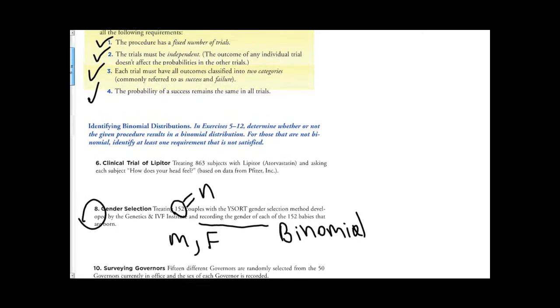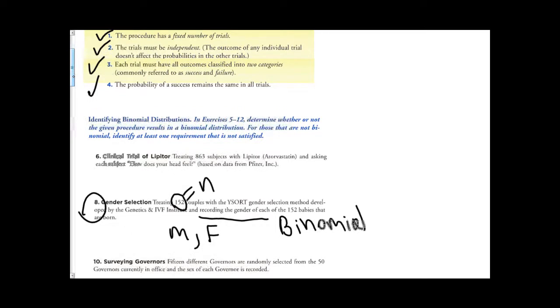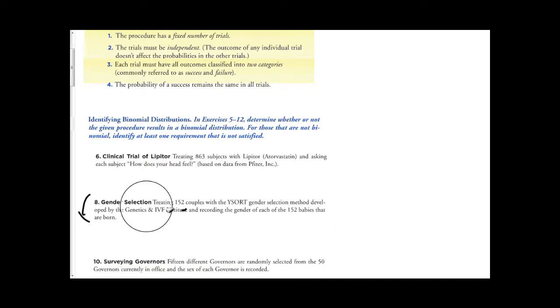The last one, we have surveying governors. Let's see whether this one can be treated as binomial or not. Surveying 15 different governors randomly selected from the 50 governors currently in office, and the sex of each governor is recorded. Well, once again, we're dealing with sex.